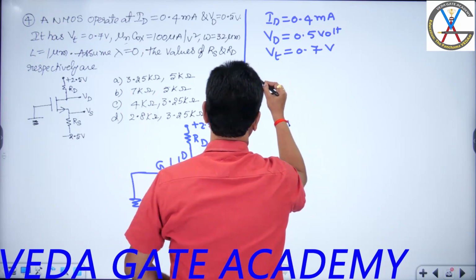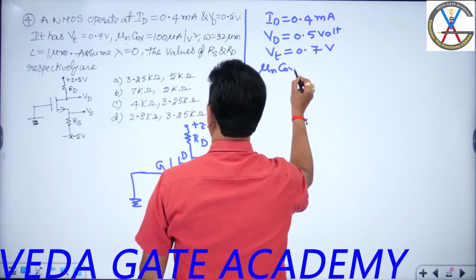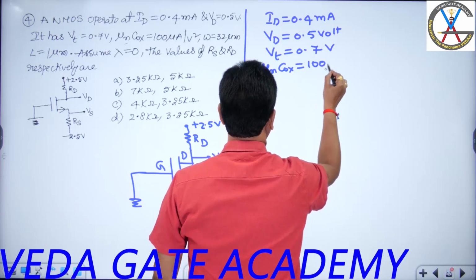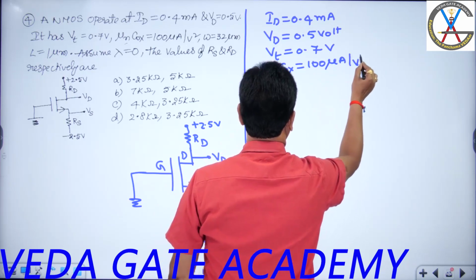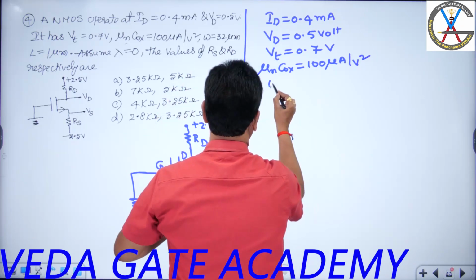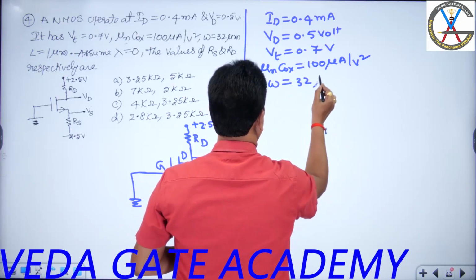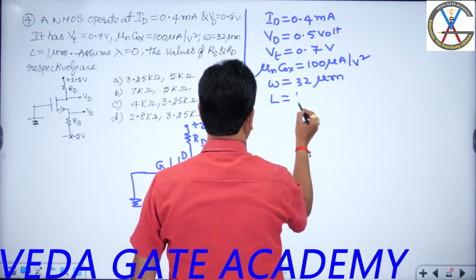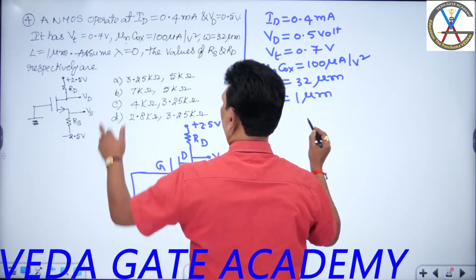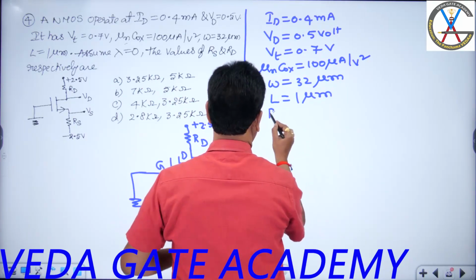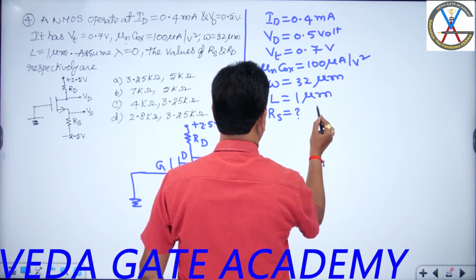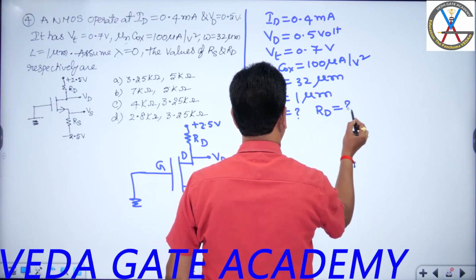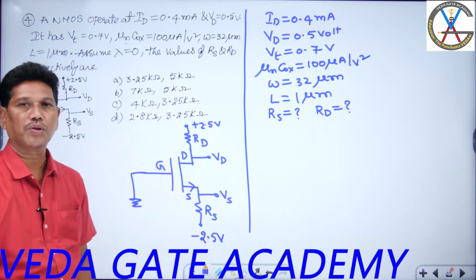And transconductance parameter mu n COX equal to 100 microampere per volt square. Channel width is 32 micrometer. Okay. Channel length is 1 micrometer. Lambda 0, sir. What is asked? RS and RD. RS and RD is asked, students.